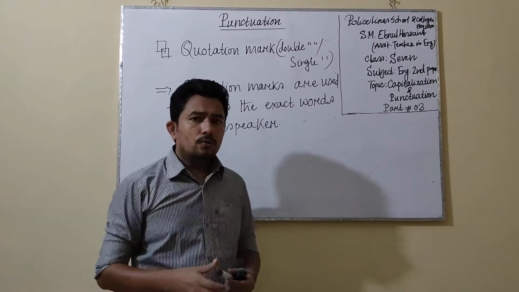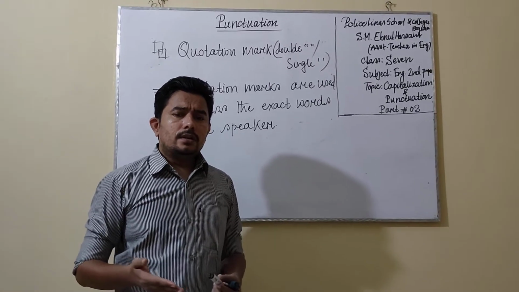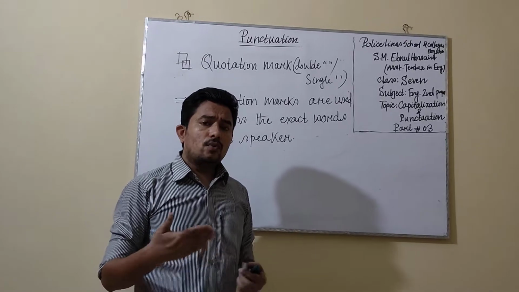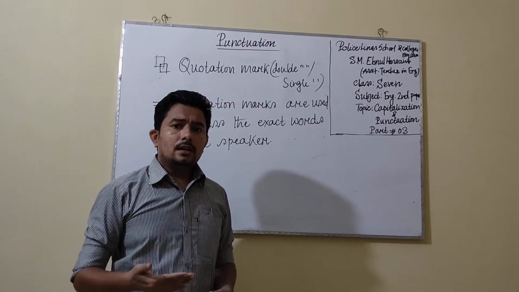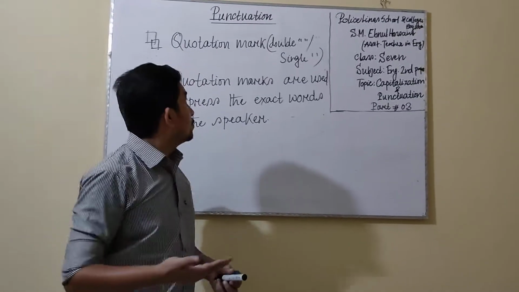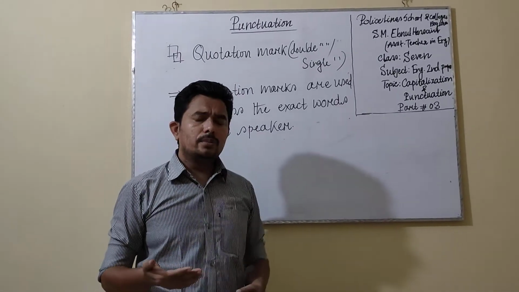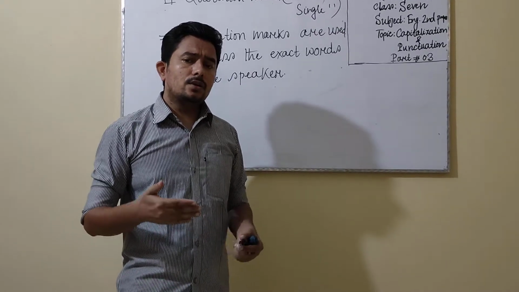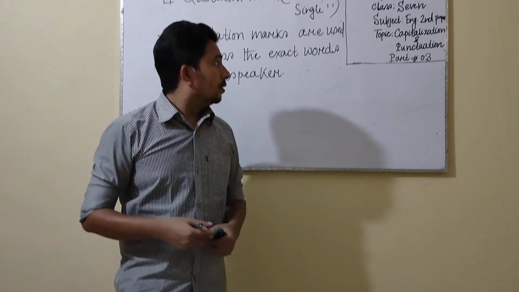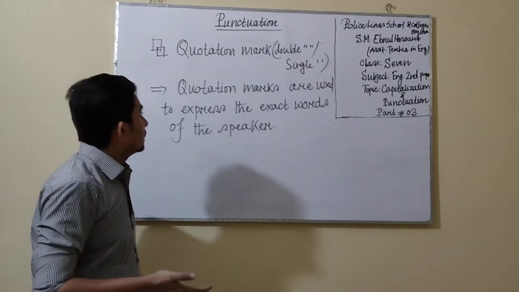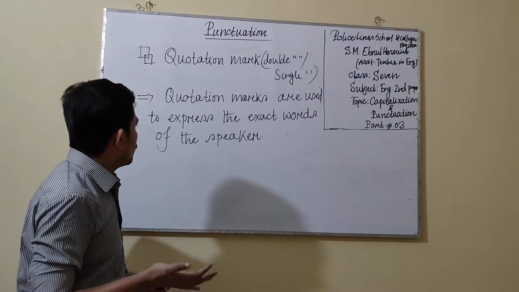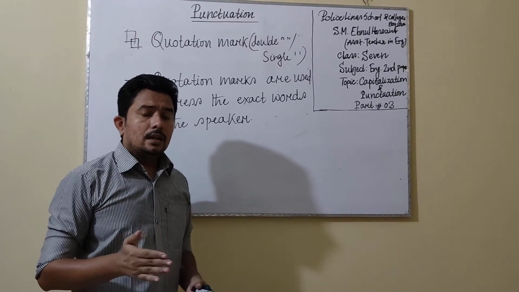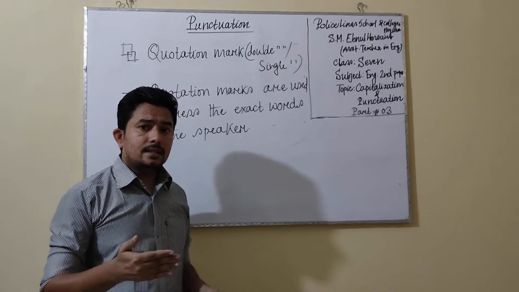When we want to state somebody else's words exactly, then we use the quotation mark, and we may use double quotation marks and also the single quotation mark. So the quotation marks are used to express the exact words of the speakers, that means the words which the speaker states exactly.